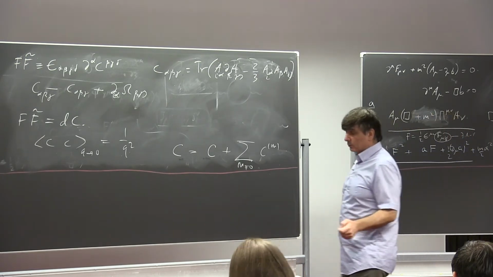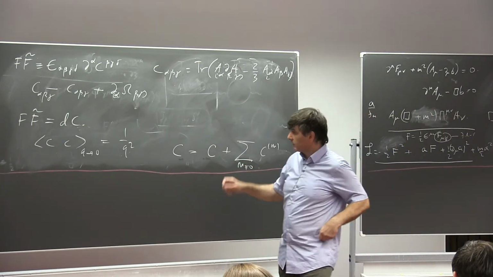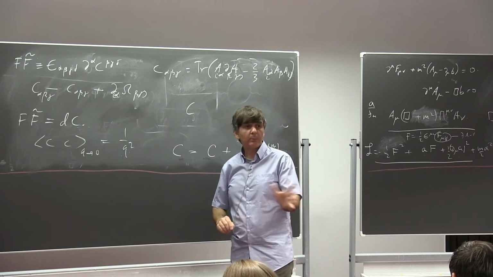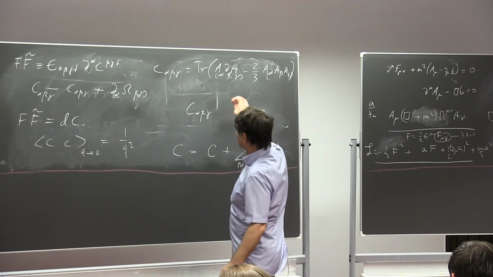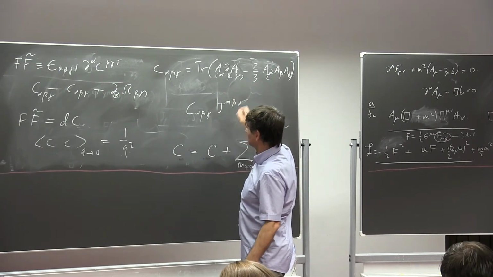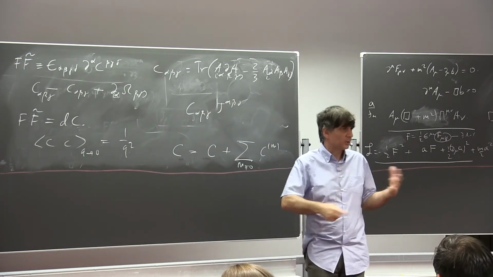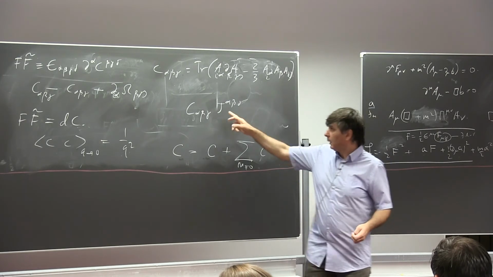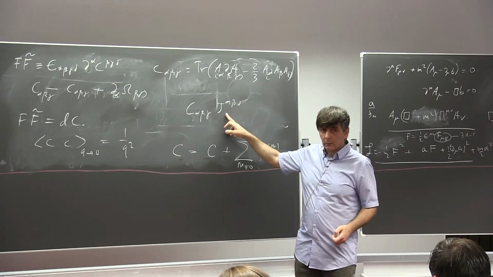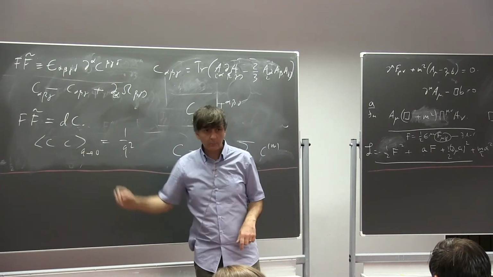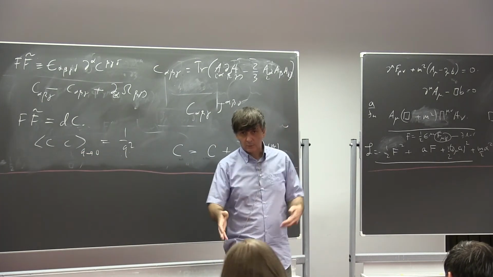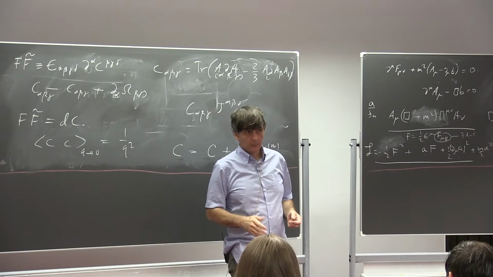Now, you can do the following. You can now introduce probe sources for this object, whatever you want. These probe sources could be fermions, bosons, composite operators. And then see what kind of interaction this C form mediates among these sources. Okay?